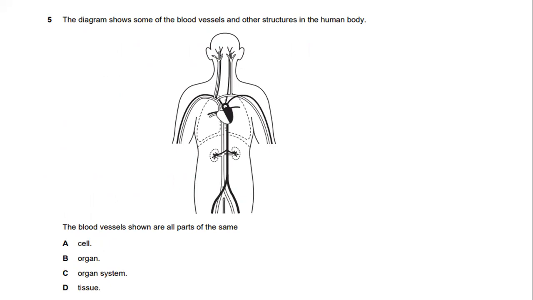Number 5. The diagram shows some of the blood vessels and other structures in the human body. The blood vessels shown are all parts of the same what? A tissue is a group of cells with similar structure working together to perform a shared function.